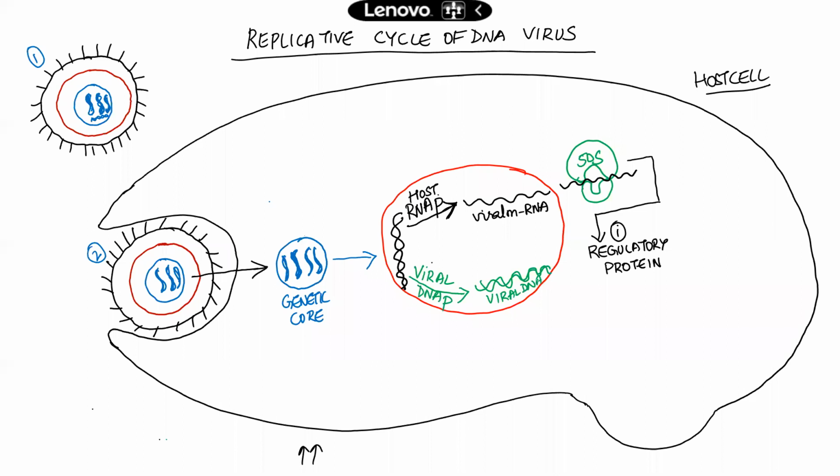Now this viral DNA, how did it come into existence? It was because of the action of regulatory proteins. These regulatory proteins initiated the transcription of early genes, and that caused the replication of this viral DNA. Now this viral DNA that you have got goes and forms another set of proteins which are important for the structure of the viruses, and those are called structural proteins, right?